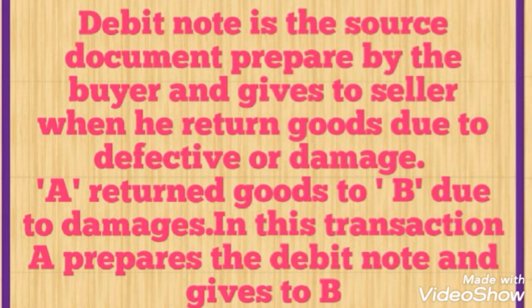Debit note is prepared in 2 copies. One copy is sent to the seller along with the goods returned and another copy is retained by the buyer. For example, A returned goods to B due to damages. In this transaction, A prepares the debit note and sends to B.